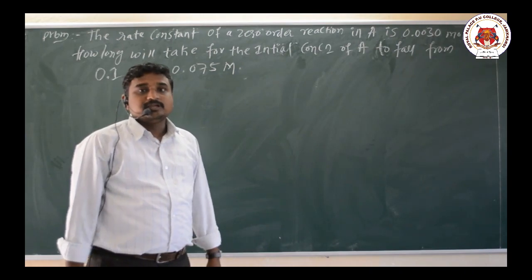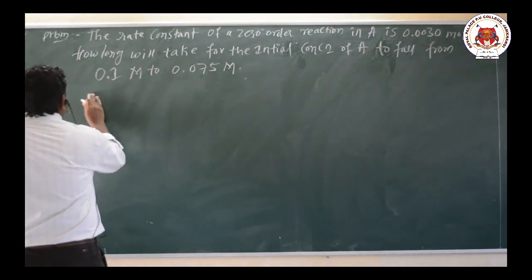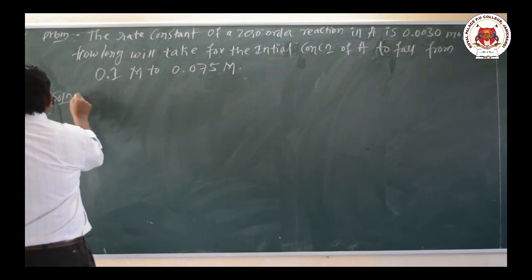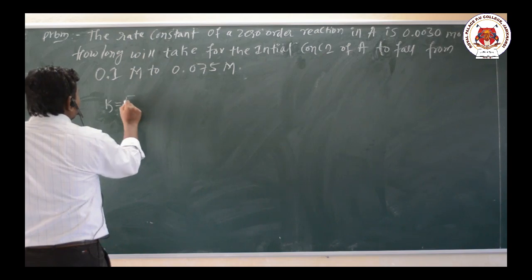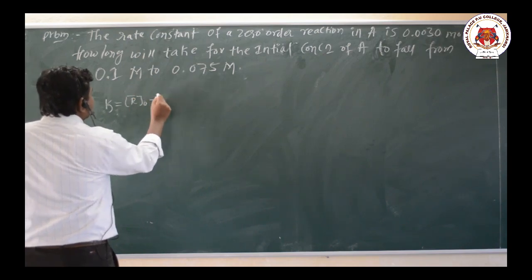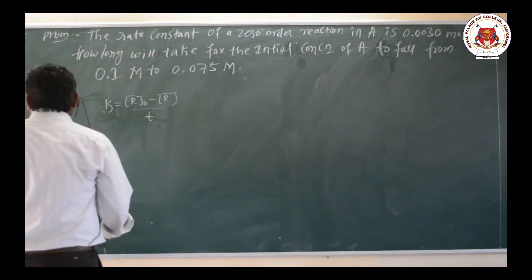According to the zero order reaction, I will write the solution here. For a zero order reaction, we know the equation k equal to R naught minus R divided by t.